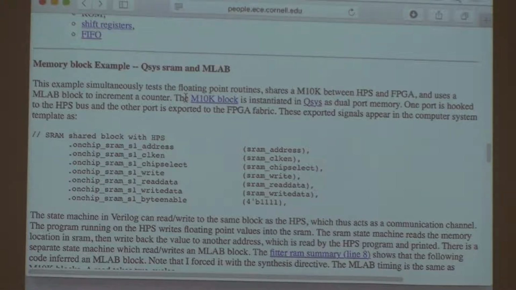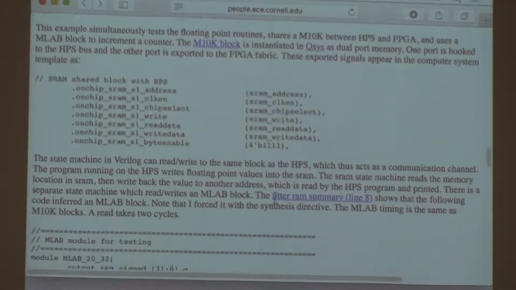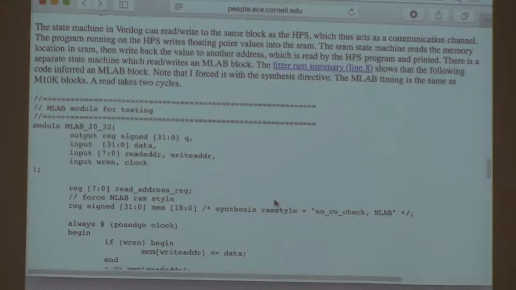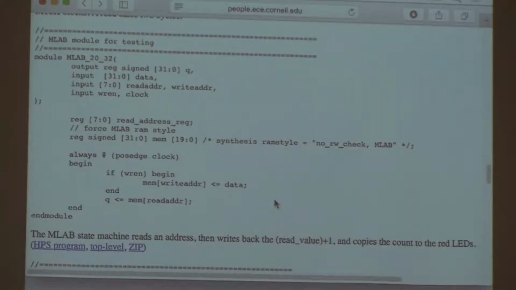So the clock enable with chip select, you can just lock high and connect the state machine to this side. So an address, a write command, read data and write data. And I wrote out an MLab block here, which it turns out is exactly the same as the M10K block.